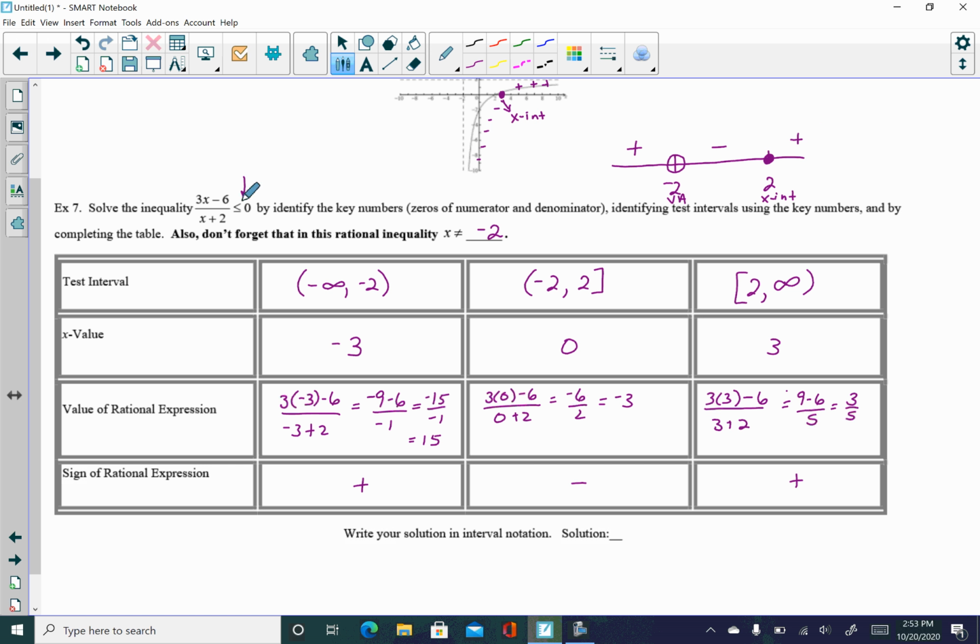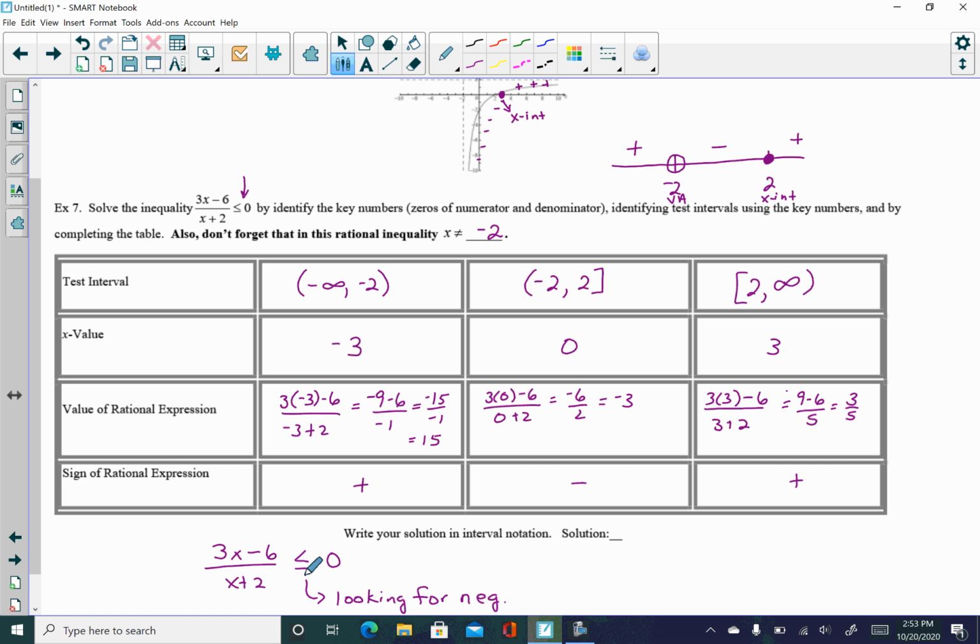Here we are looking for, since our function, I'll write it down here, 3x minus 6 over x plus 2 says less than or equal to 0. So since we say less than or equal to, we are looking for the negative intervals. It just makes sense that if you're greater than, you're looking for the positive intervals. Oh, goodness. If you're greater than or equal to, you're looking for the positive intervals.